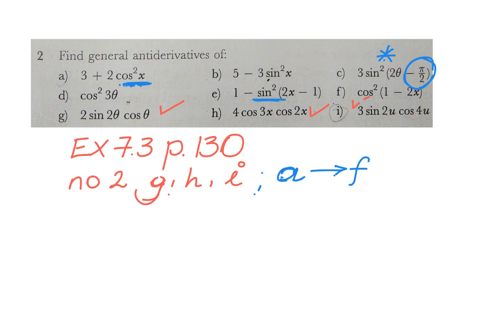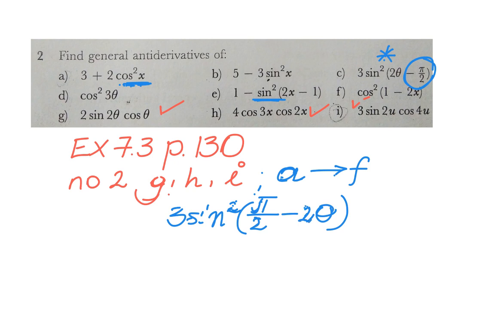Okay, so in question number C, you've got 3 sine square of pi over 2 minus 2 theta. Why can I just swap it like this? Because it's a square, so I don't have to worry about taking a minus out.